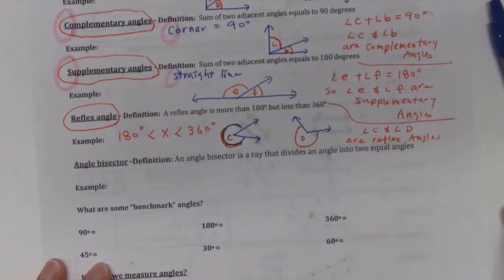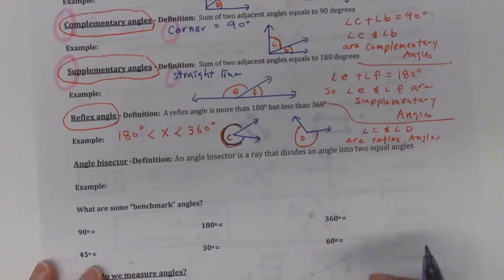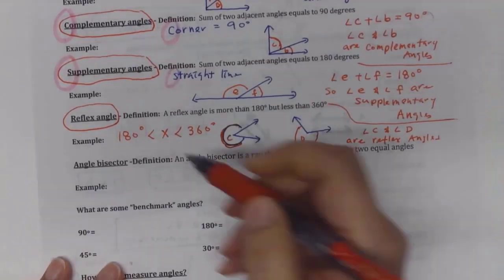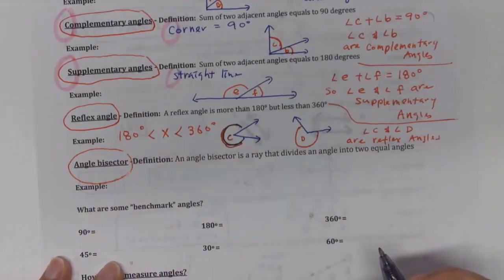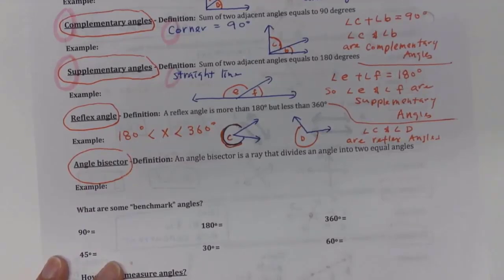All right. The next one is the angle bisector. What do they mean by that? An angle bisector is a ray that divides an angle into two equal angles.